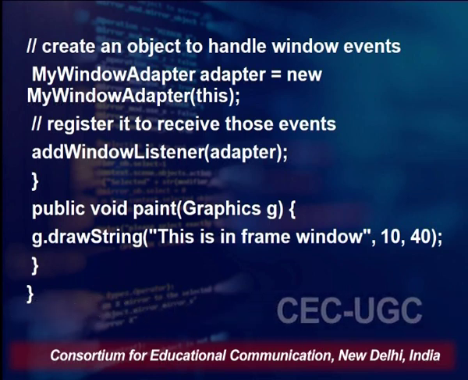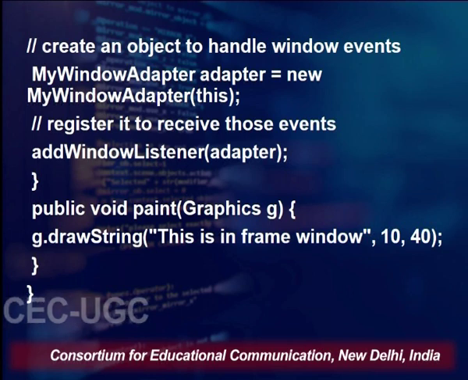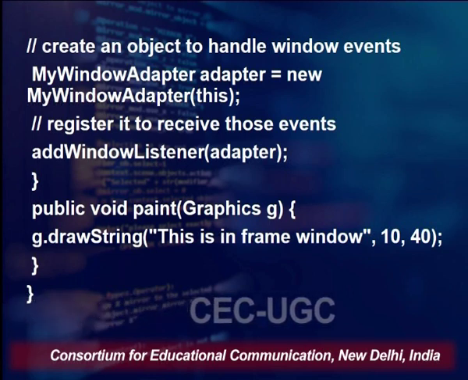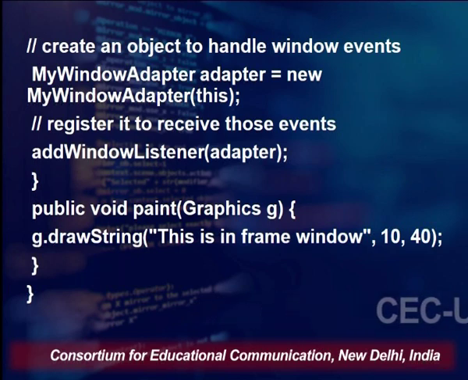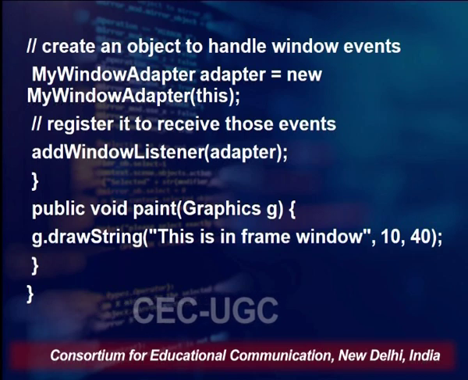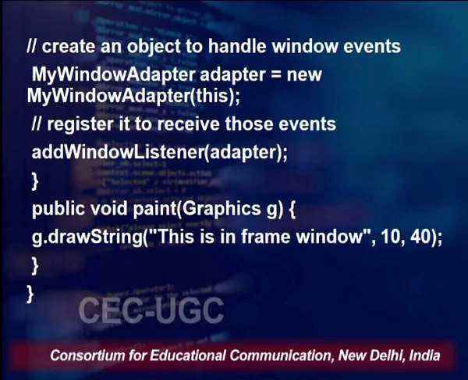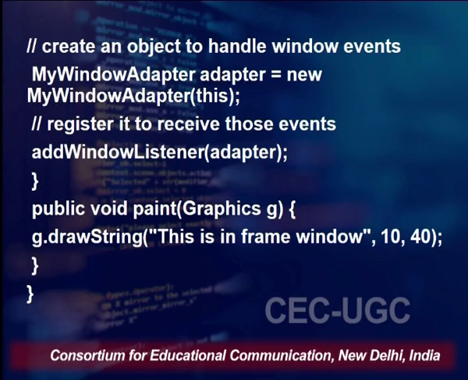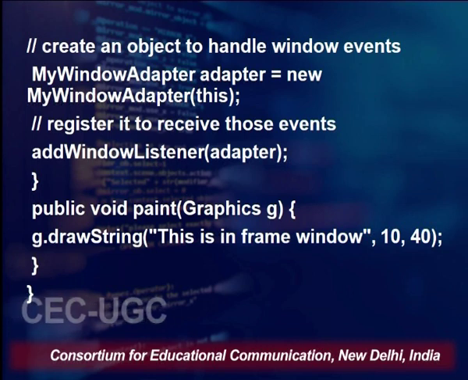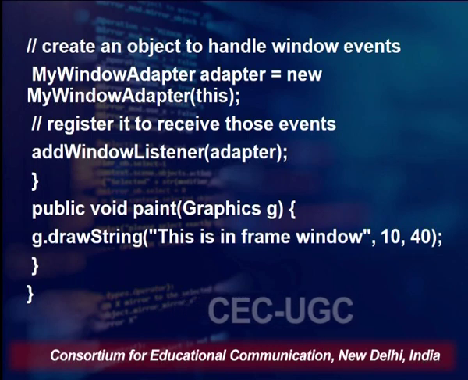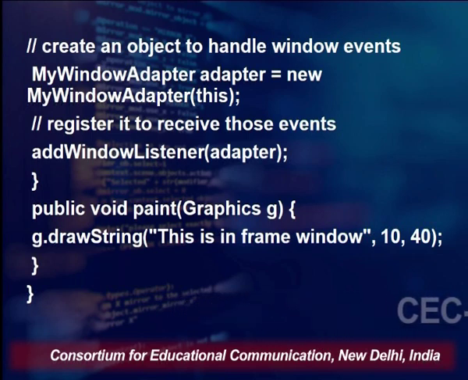Using this statement, we are able to create an object which is going to handle various events, although we are not going into much of the event details in this program. This adapter object needs to be registered in order to receive those events. So, in order to register that adapter, we say addWindowListener, and within the brackets as parameter we pass the adapter.